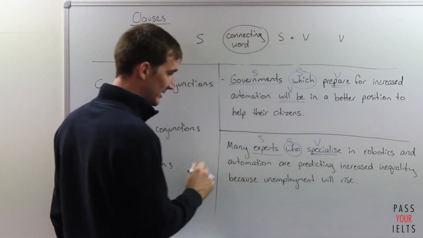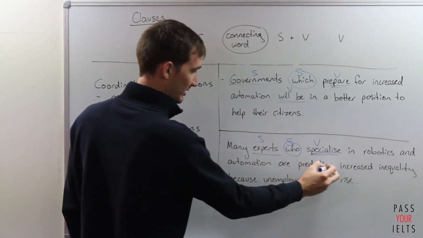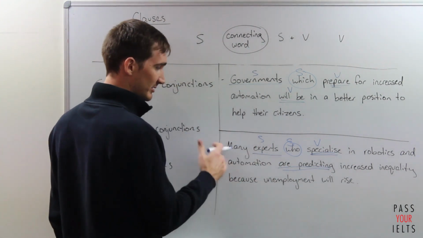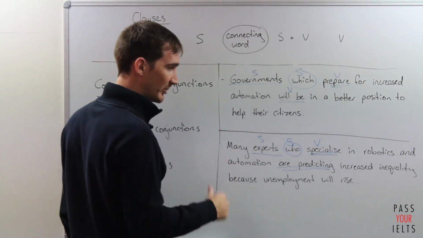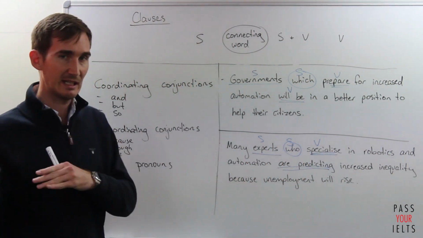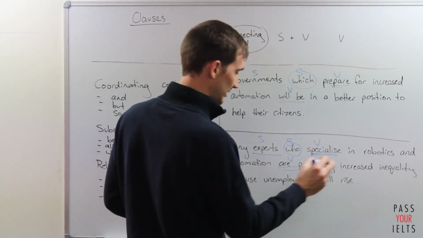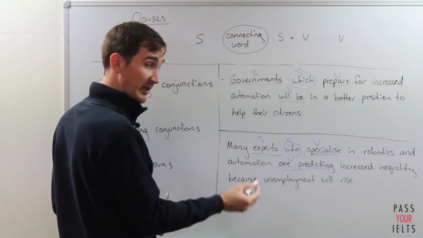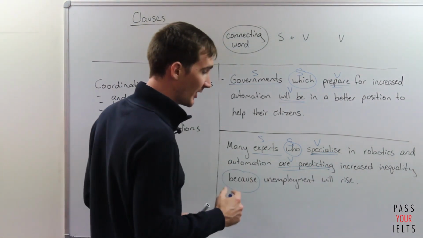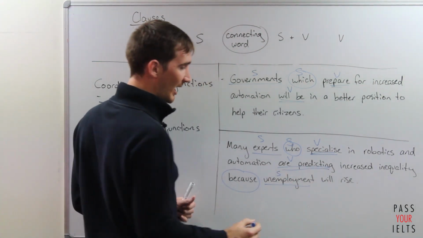In robotics and automation are predicting. That's a present continuous. Now, that's the verb for experts. So read it like this. It's very simple. Many experts are predicting increased inequality. This relative clause can be taken out and the sentence should still make sense. Experts are predicting increased inequality because, there's our subordinating conjunction. Unemployment, that's a noun, that's a subject. Will rise, there's our verb.